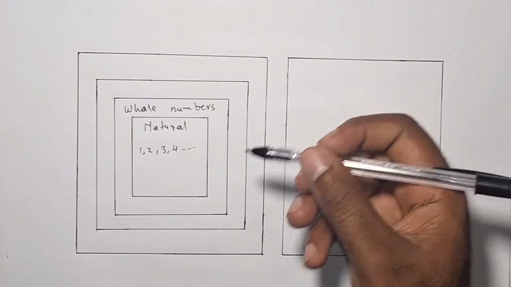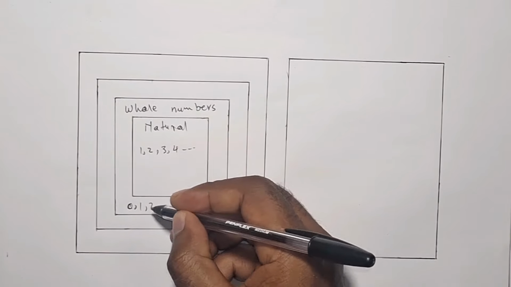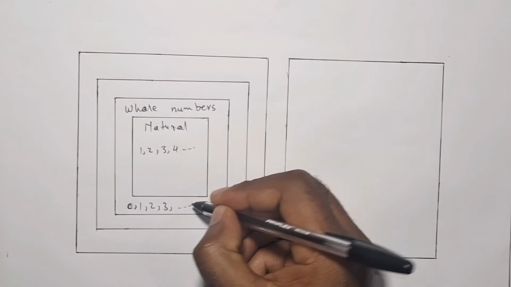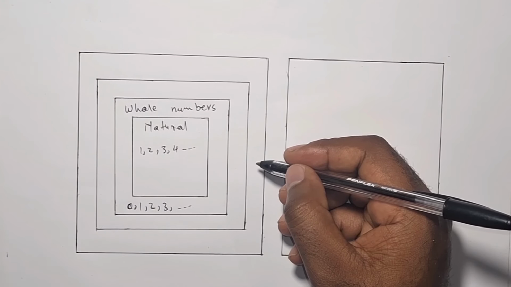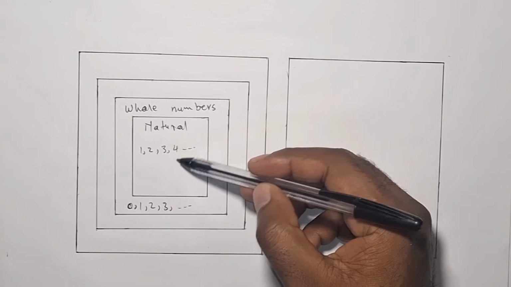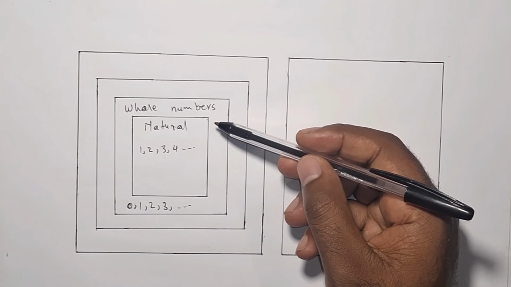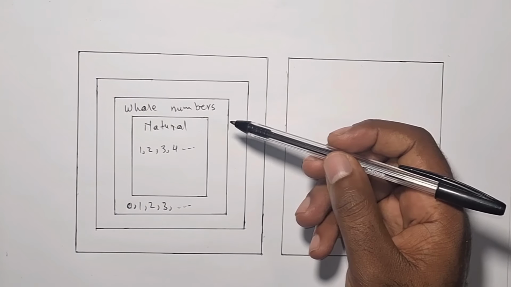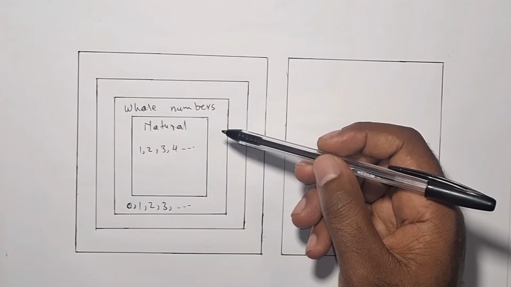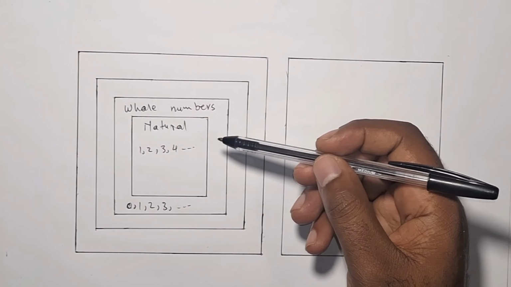You can see it is a simple twist, but it makes a big difference because the only twist we made was to add the number 0. And you can see whole numbers are not counting numbers. This means any natural number is also considered to be a whole number, but the reverse is not correct, because not all whole numbers are natural numbers.